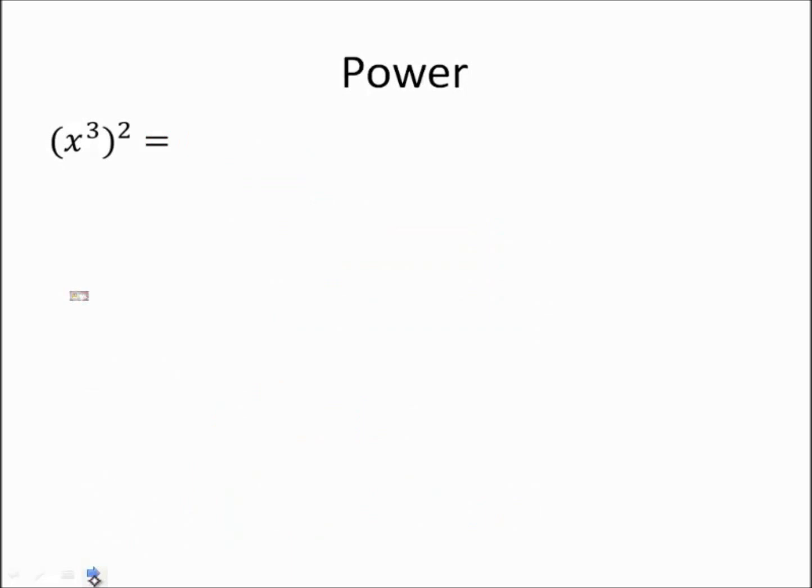Let's take a look at what happens when we take powers of powers. So in this case, we are squaring this bracket. That means we're going to multiply it by itself twice. Within each one we'll have 3 x's being multiplied together.